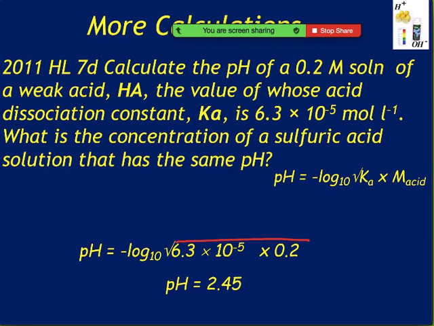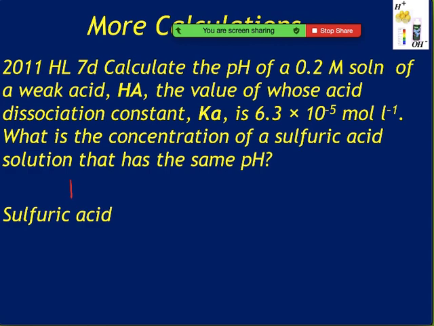Okay, so then we had a pH of 2.5 and it's asking us the concentration of a sulfuric acid solution that has the same pH. So you've got to use your inverse log here.